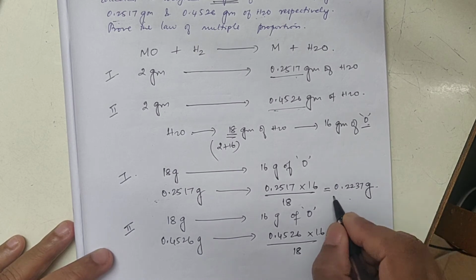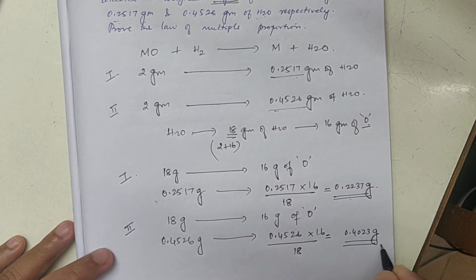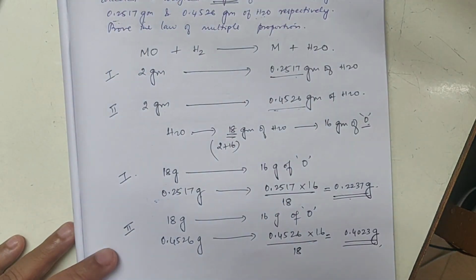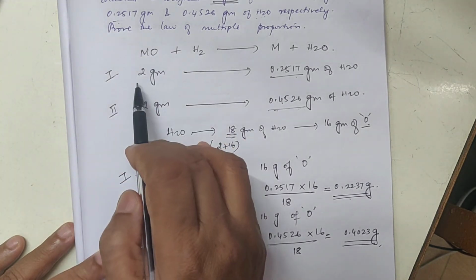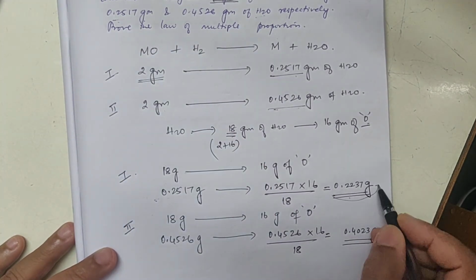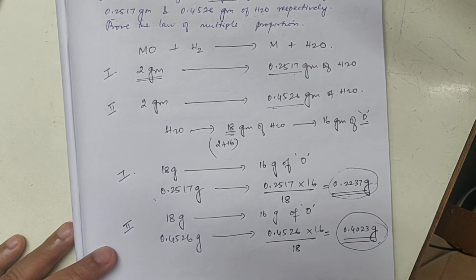Okay, so this is the amount of oxygen in both the cases. Now you again come to the oxide of a metal. He has given 2 gram of metal oxide and you have found out the amount of oxygen in each case, that is 0.2237 and 0.4023.